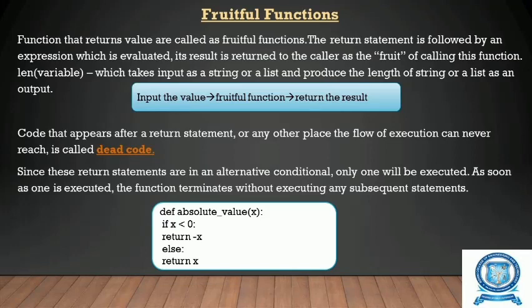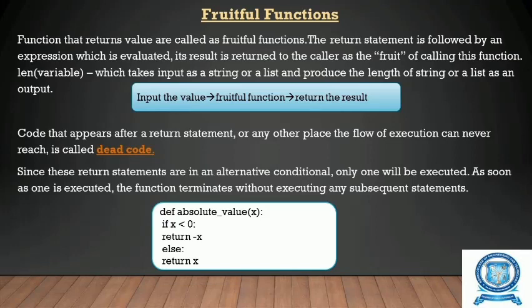So, we have heard about dead code. Code that appears after a return statement, or any other place the flow of execution can never reach, is called dead code. Since these return statements are in an alternative conditional, only one will be executed. As soon as one is executed, the function terminates without executing the subsequent statements.